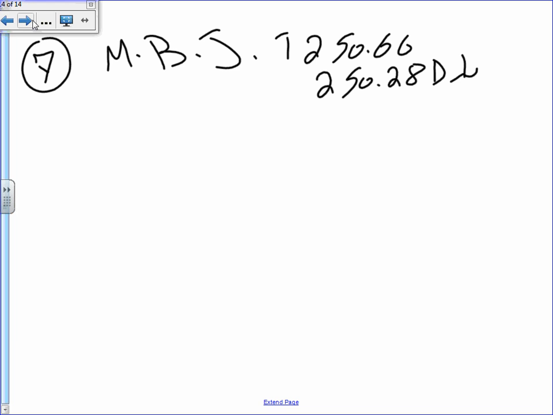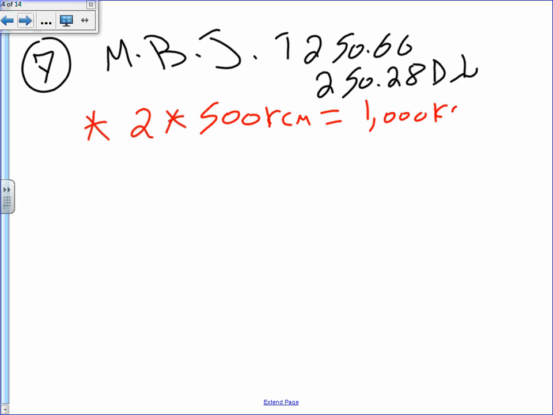Alright, so let's do the math. I want to do it quick. 2 times 500 kcmil equals 1000 kcmil. There's a reason why I do it this way, guys. Is it more than 1100 kcmil?